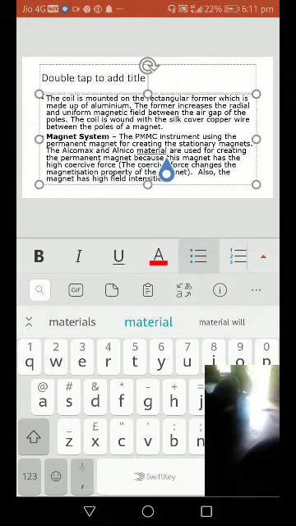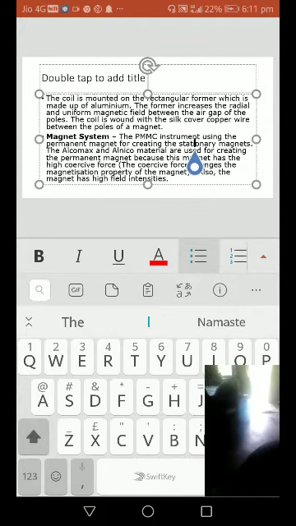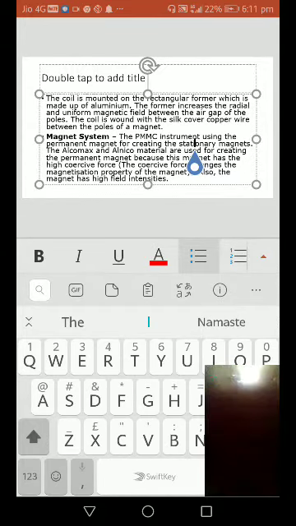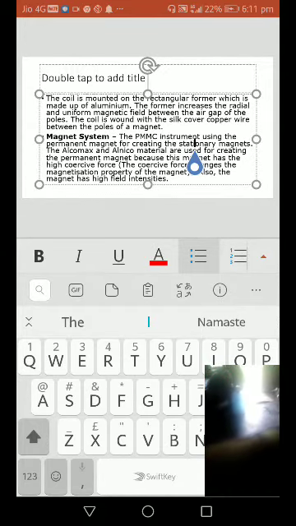The PMMC, permanent magnet moving coil instrument, uses a permanent magnet for creating the stationary magnetic field.